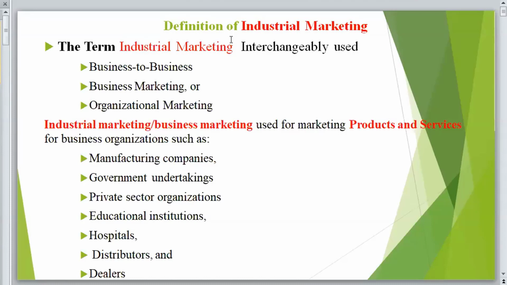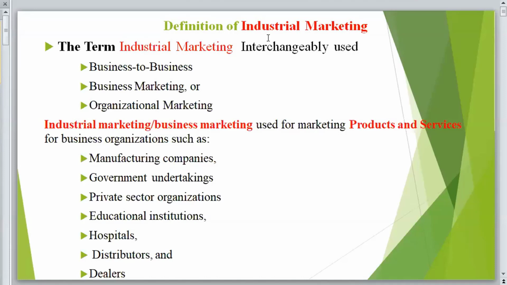Manufacturing companies. Who is the buyer? Government undertakings. Who is the buyer? Private sectors. Like National Aviation College purchases different materials: computers, tables. There are different products. So the transaction between a computer producer and National Aviation College is simply industrial marketing.